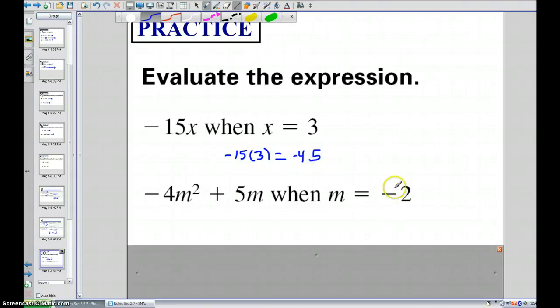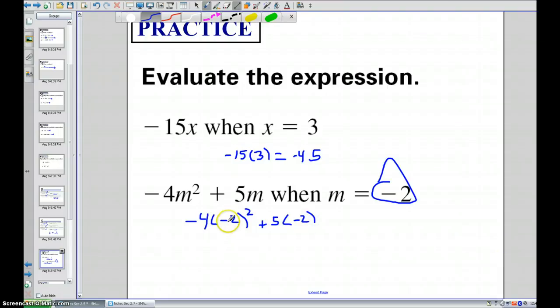Here we want to input, and one of the toughest ones that we have here is when we have an exponent, and then we actually have the negative number. So now we have a negative base. So this is actually going to come out to be 5 times the negative 2 here. And now what we're looking at, well, negative 2 squared is just going to be positive 4.